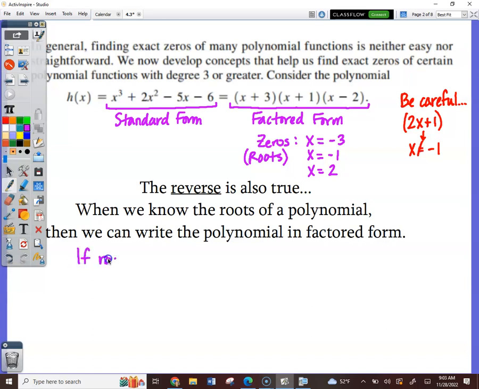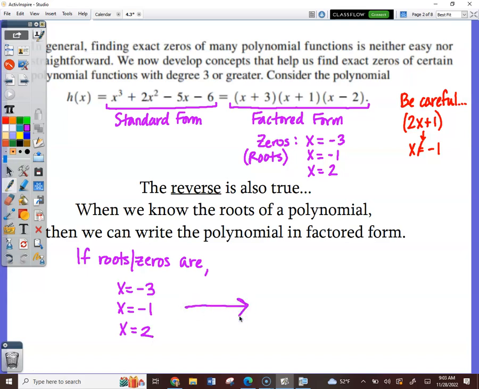If I say, hey, the roots or the zeros of a polynomial are -3, -1, and 2, if I tell you that from the beginning, this is the point of today's lesson, you're going to go in this direction.